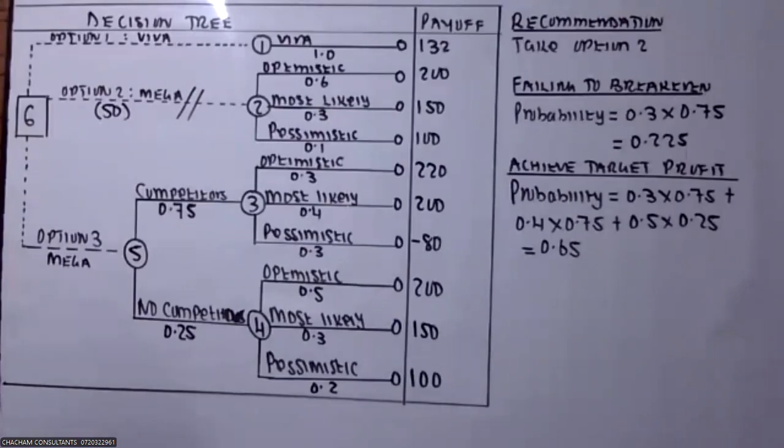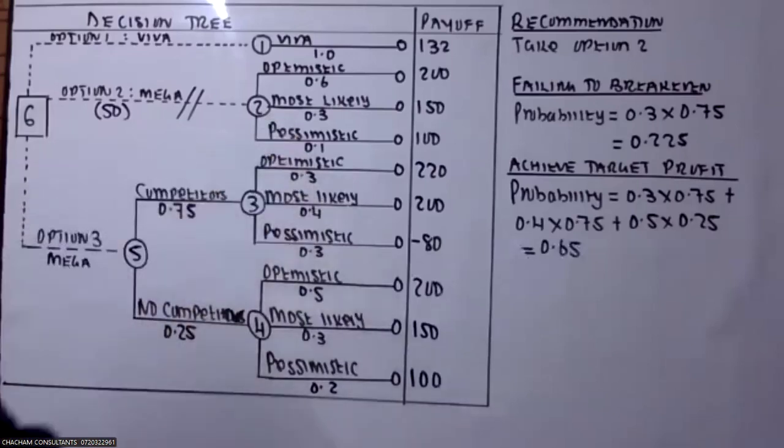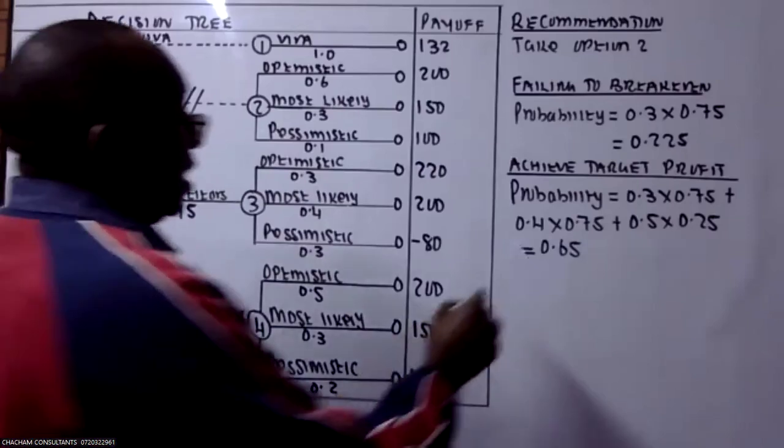Iweke hapo na uweke ikiwa negative. Then where we computed the expected monetary value, so that means we are going to change several things. Where we computed the expected monetary value for number 2, utasema minus 50.